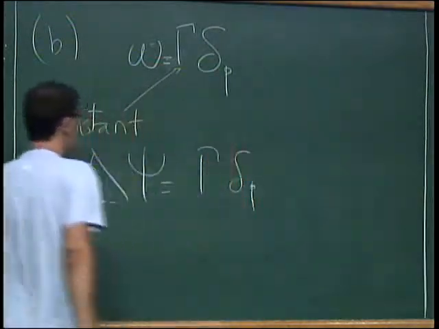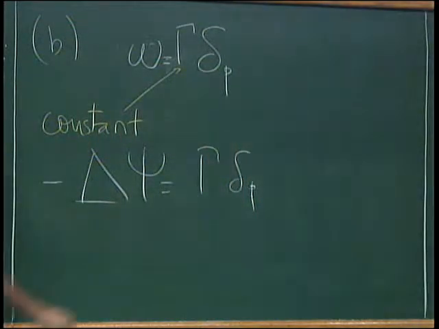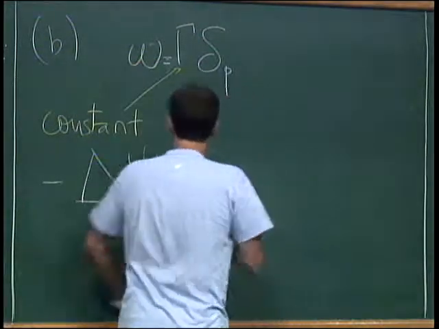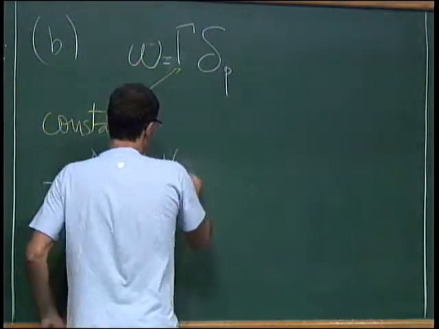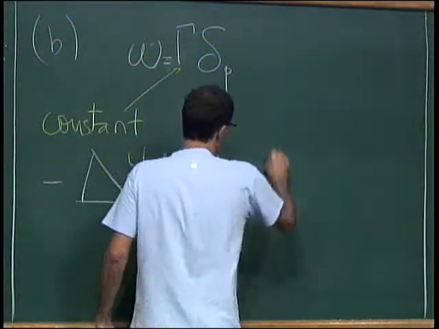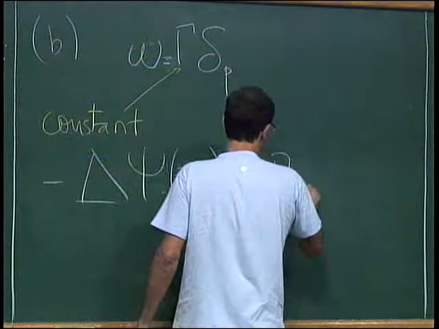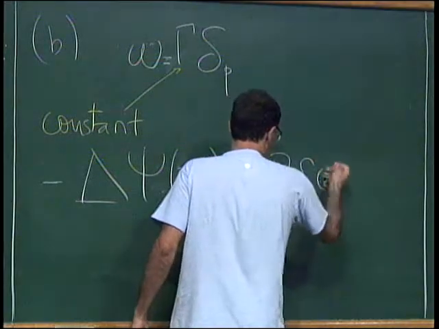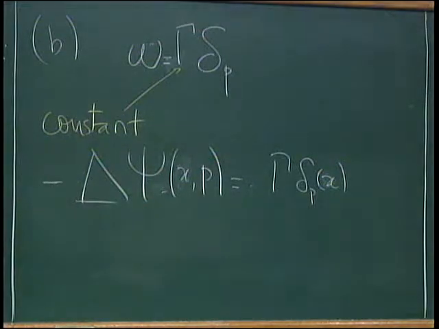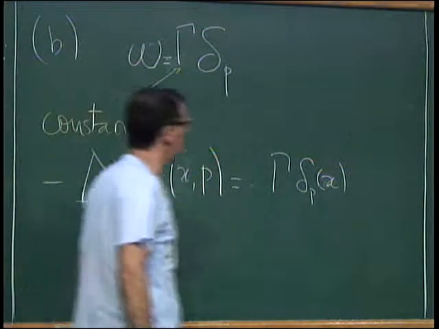And in other words, I have a variable here. Psi, let me write it more. Will be a function of x and p. P is where the vorticity, the center of vorticity. Right? And this, we know the solution to this is the fundamental solution of the Laplacian.